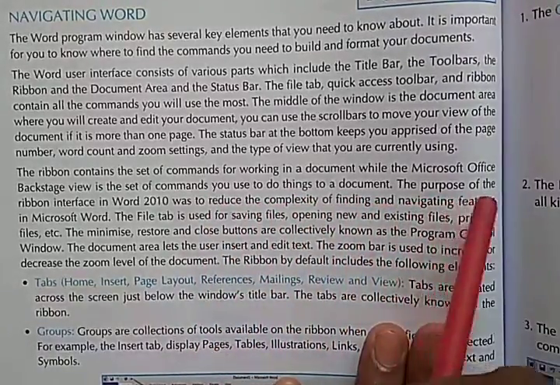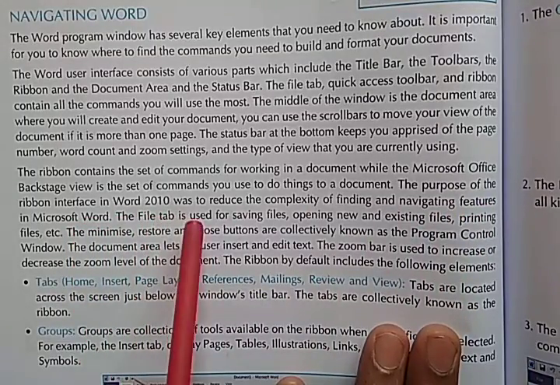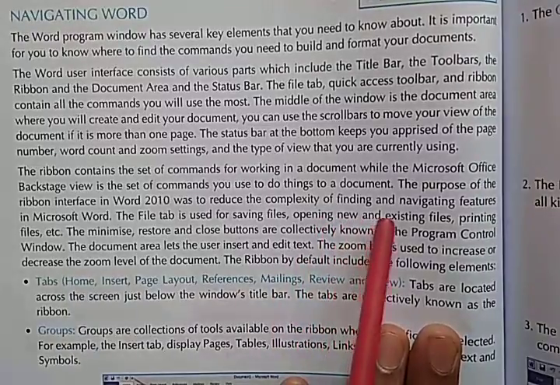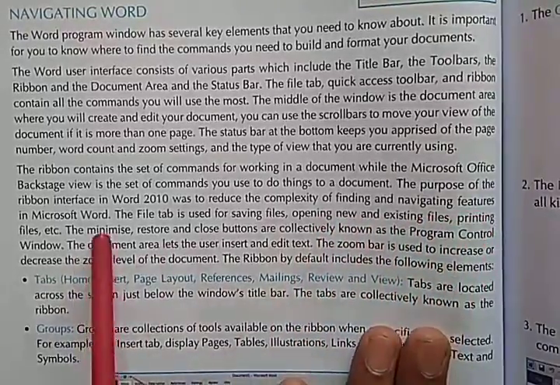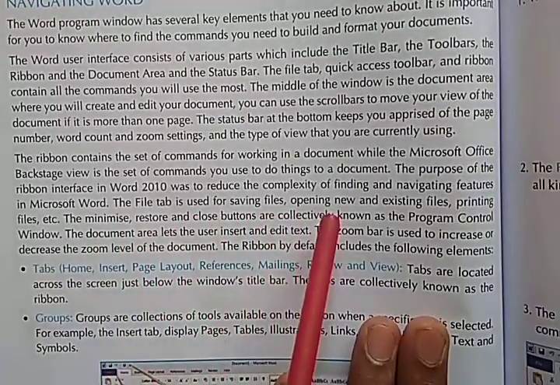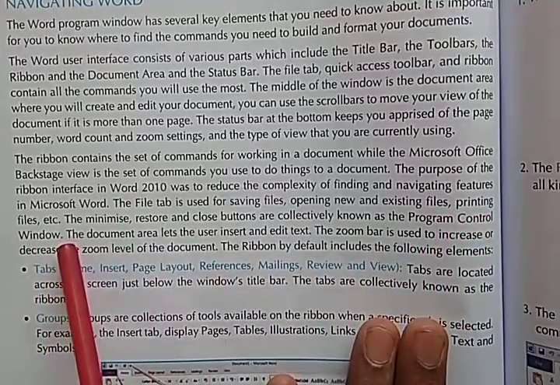The purpose of the ribbon interface in Word 2010 was to reduce the complexity of finding and navigating features in Microsoft Word. The File tab is used for saving files, opening new and existing files, printing files, etc.